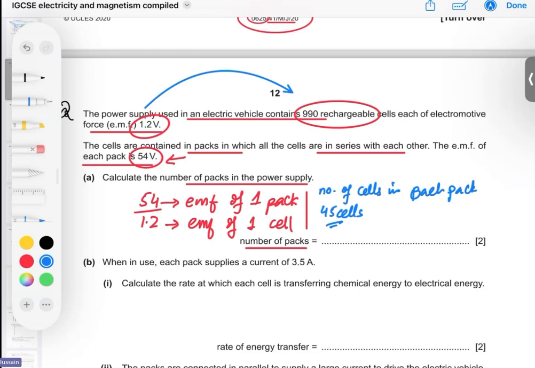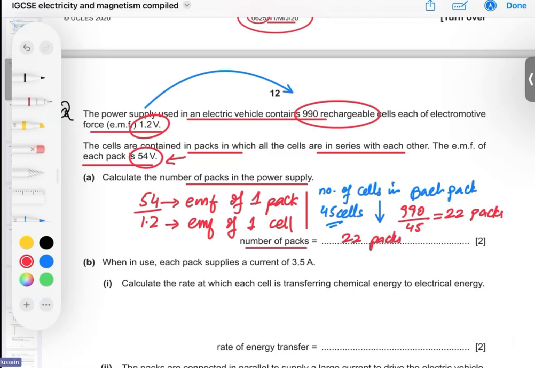I'll divide 990, the number of cells, by 45, the cells in each pack. The answer is 22 packs.